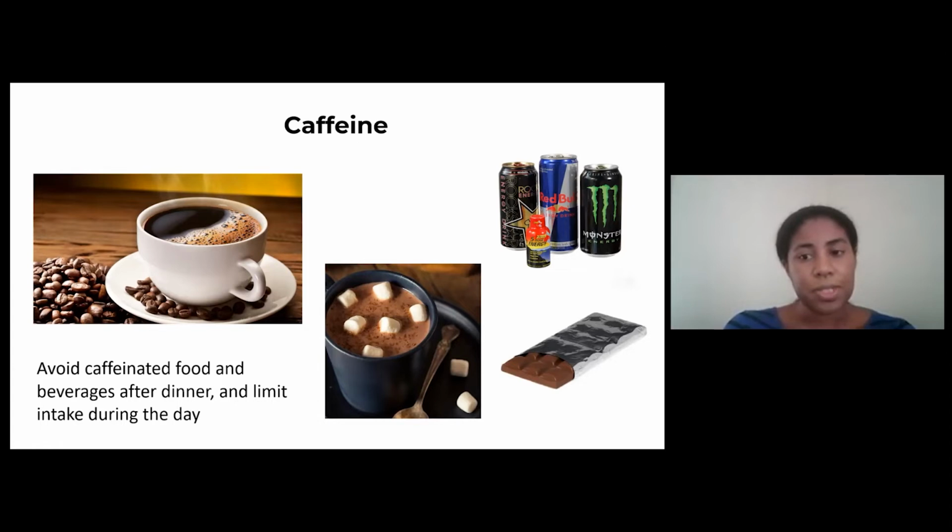It has a half-life of 6 hours. So after 6 hours, about half of it is out of your system. And then there has been some research on taking naps and having caffeine before, because it takes about 20 to 30 minutes for the caffeine to kick in and make you alert.